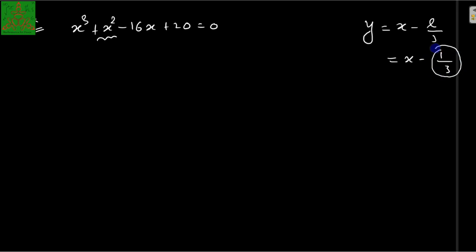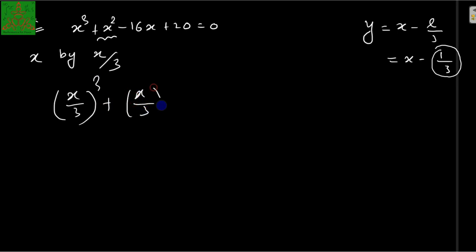So it is better to remove the fraction, since with an integer it is easy to calculate. For that, I am replacing x by x by 3. That gives x by 3 cubed plus x by 3 squared minus 16 times x by 3 plus 20 equal to 0.